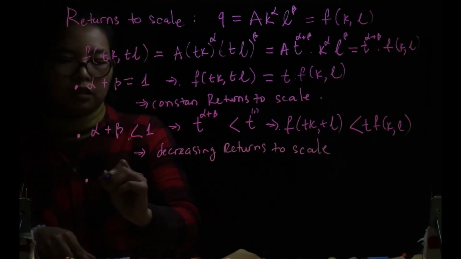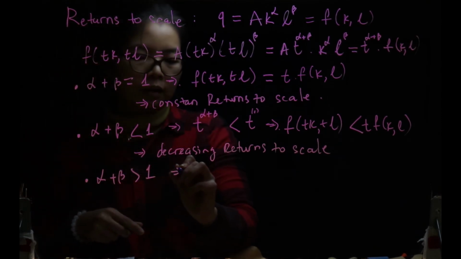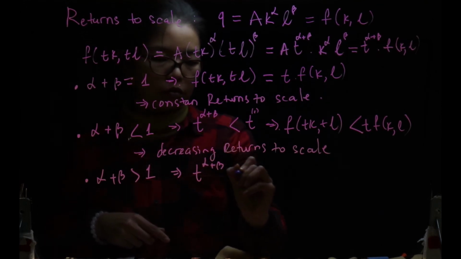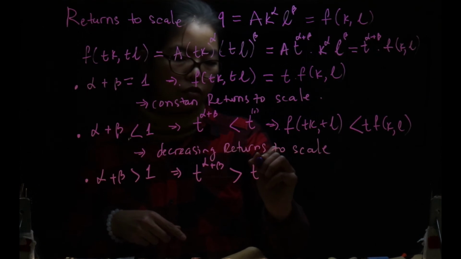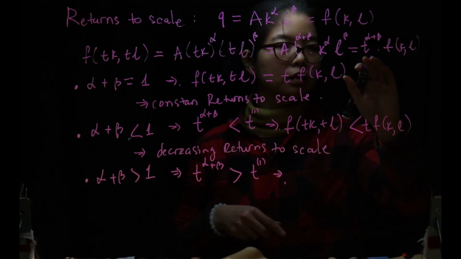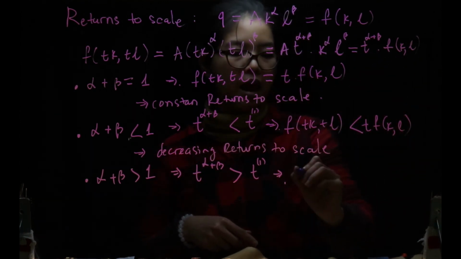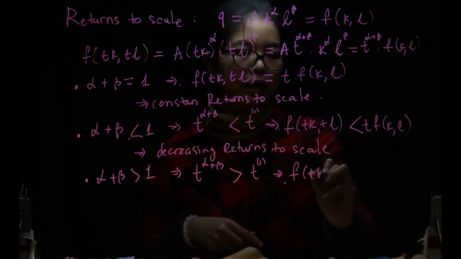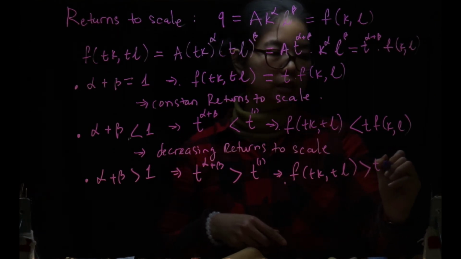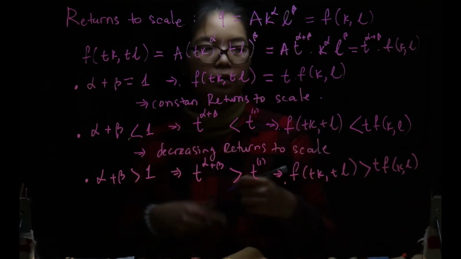The last case, if we have alpha plus beta larger than 1, then we have t to the power alpha plus beta will be larger than t to the power 1, right? That means the whole thing here, which is the F(tK, tL), will be larger than t times F(K, L), right?